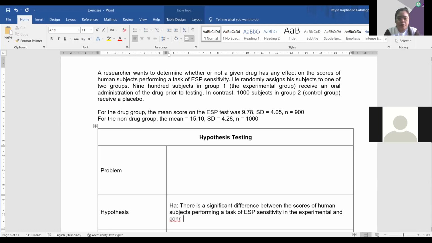Control group. Pwedeng ganito, pero pwede din namang ibang pagka-state as long as I can see the group 1 and the group 2. Na ito yung hinahanapan natin ng difference.